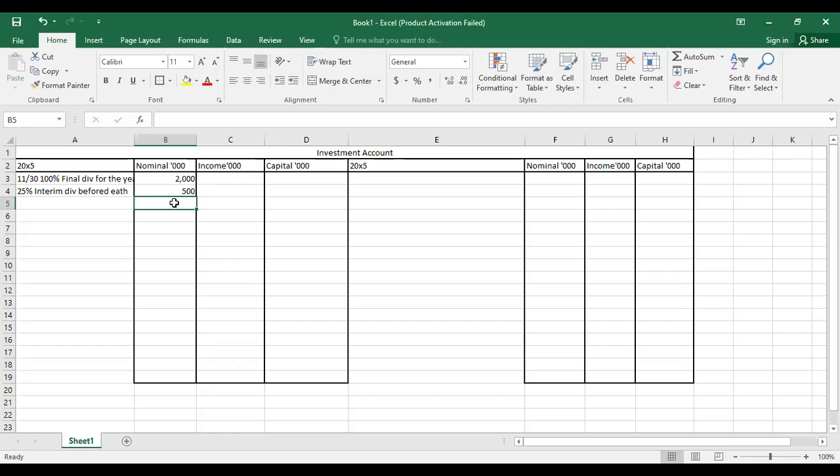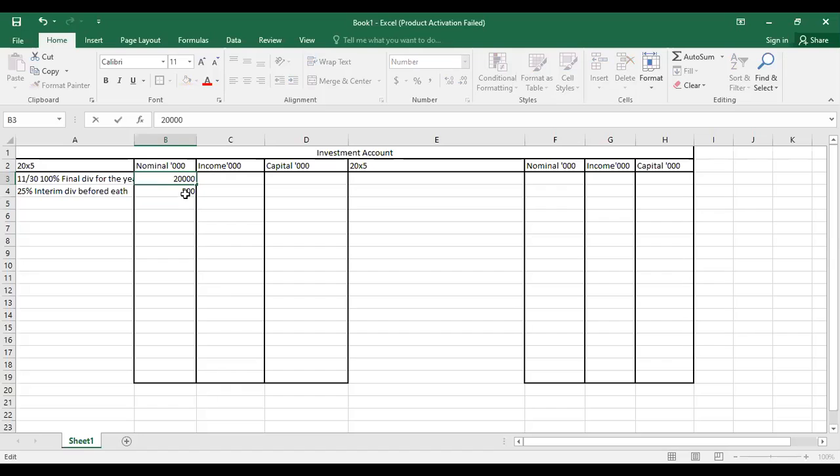This guy died on 30th June 20x5. Is the nominal value 2,000 or 20,000? It's 20,000, because they are valued at 10 shillings.